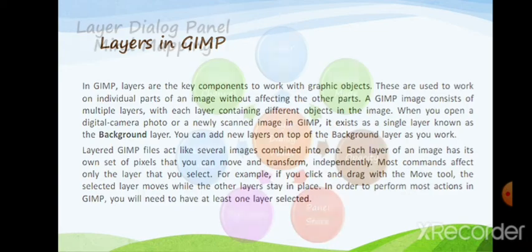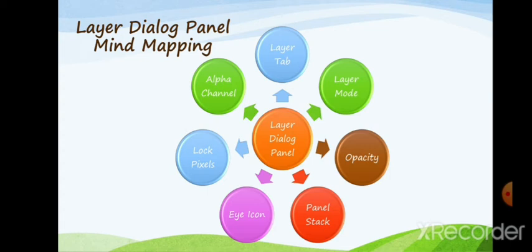The next thing is the layer dialog panel, its mind map. I know you have done it in the last class also, so we just get a recapitulation. The layer tab shows the different layers around the GIMP work area.